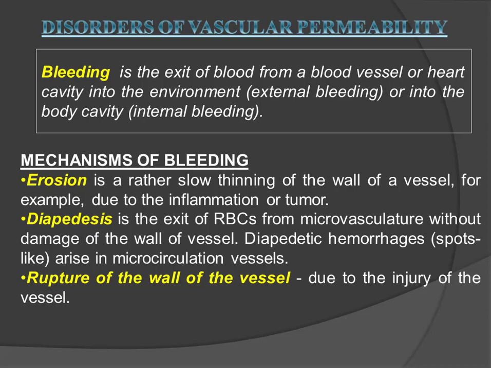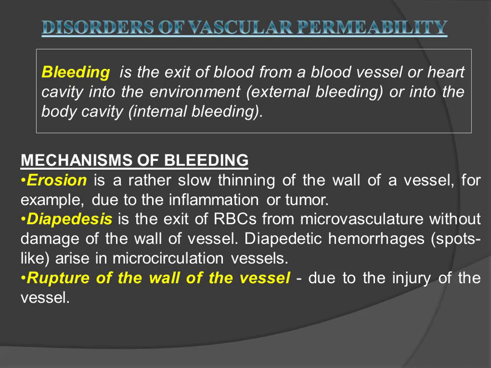In pathological conditions, disturbances of vascular permeability are often characterized by increased permeability and include two main types: bleeding and plasmorrhagia. Bleeding, or hemorrhage, is an exit of blood from the lumen of the blood vessels or the cavity of the heart into the environment.